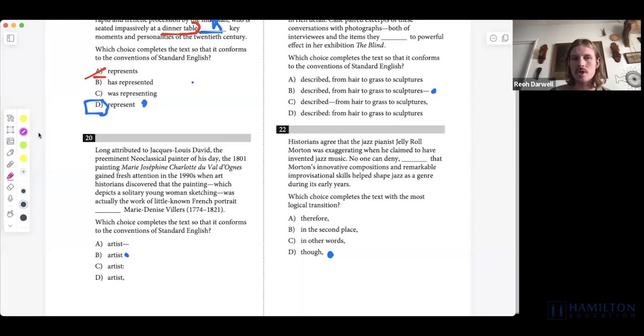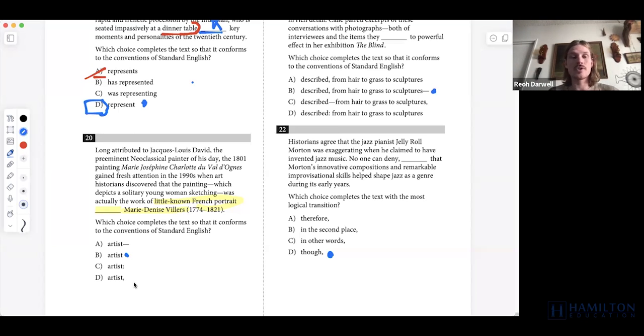In actuality we shouldn't, because if we were to separate it, we would be making unclear what our noun actually is. Our noun is little known French portrait artist Marie Denise Villers. If we put any punctuation anywhere in that noun, we are destroying the integrity of that noun. We are separating it out and making it unclear what the noun is.